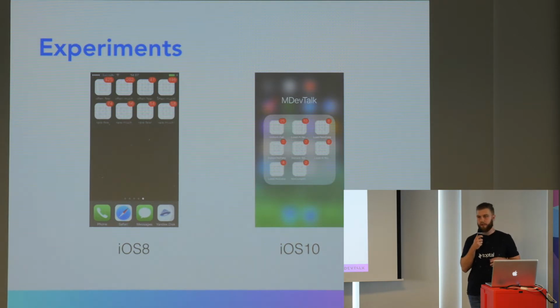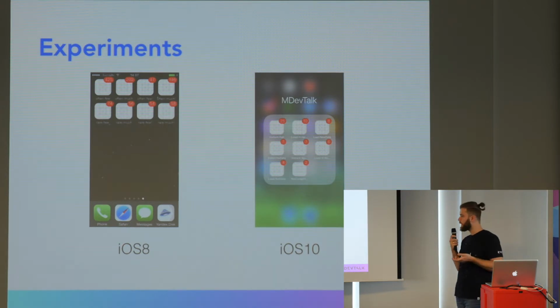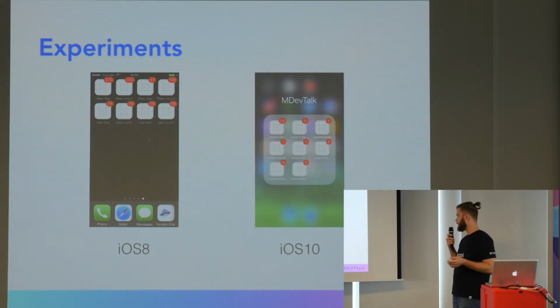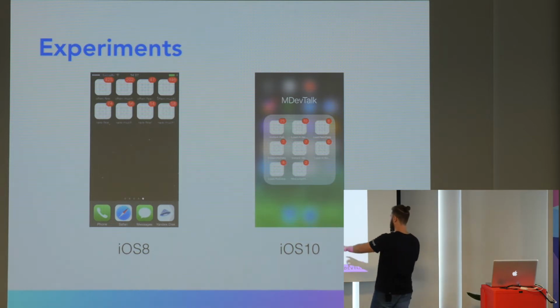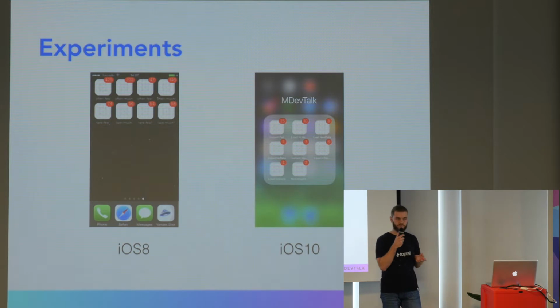Some values are really high, some are really low, but still every app got its portion of background fetches. We were really surprised by this, and we didn't know what to do. We can't somehow influence the probability of being called, and it was really frustrating. As you can see on the right screenshot, the no-completion-handler app was called only 2 times, while the top app was called 25 times.